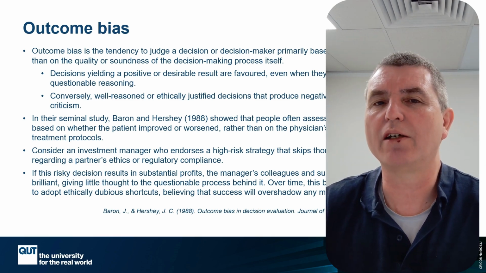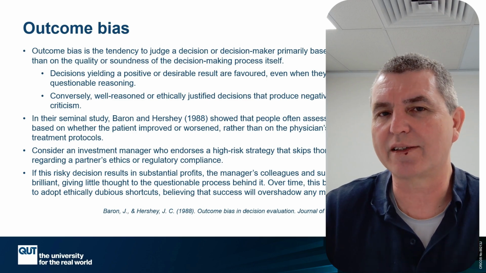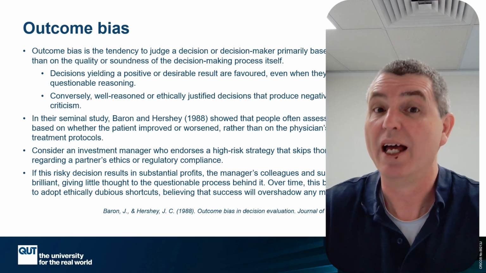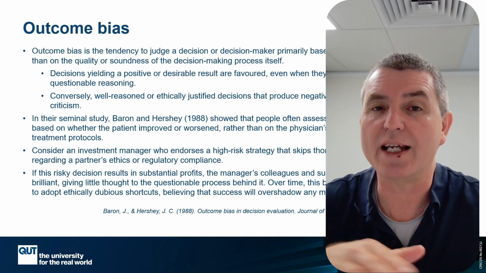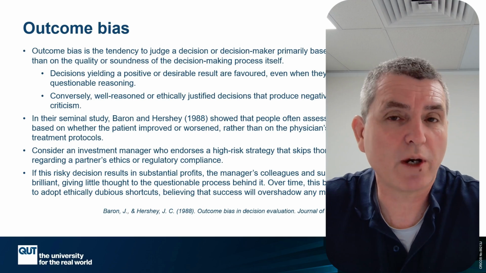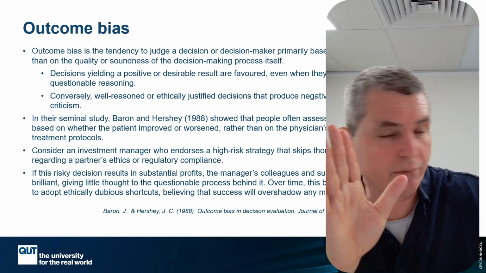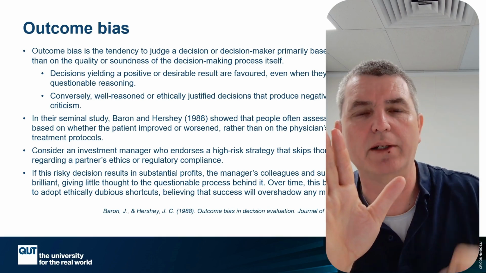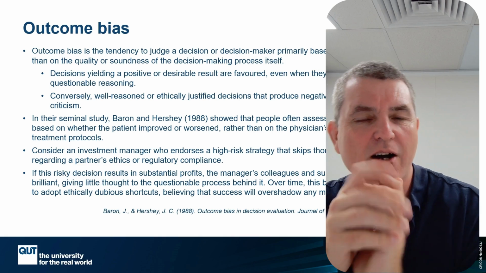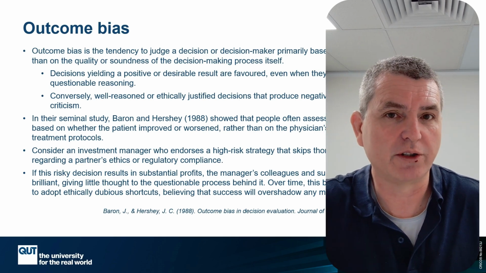Just because you make a good decision doesn't necessarily mean you're going to get a good outcome, and vice versa. Outcome bias is the recognition that when we look back at what happened, we overweight the outcome versus whether it was a good decision.